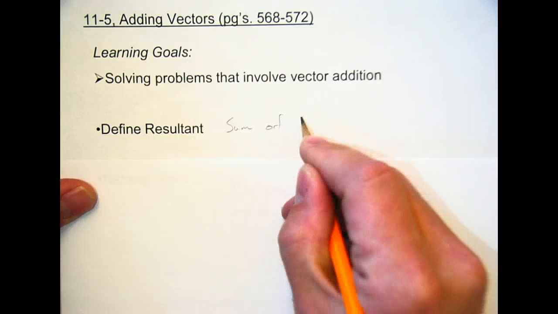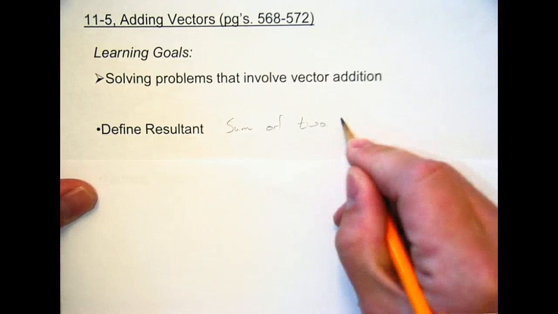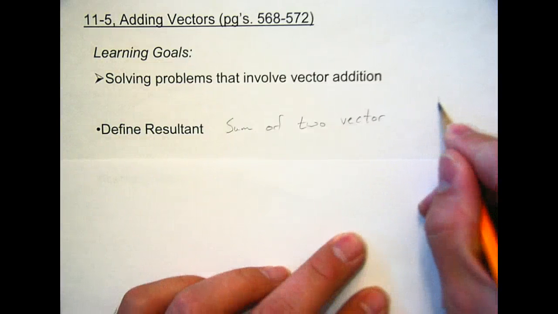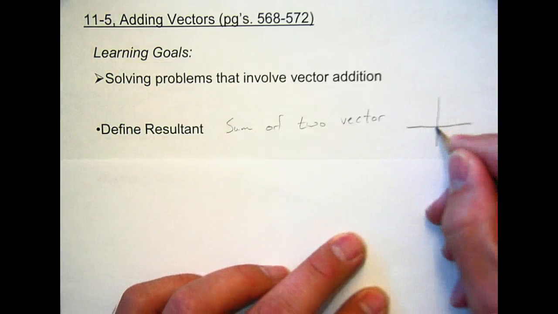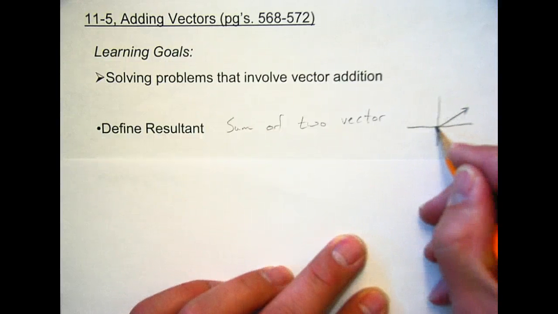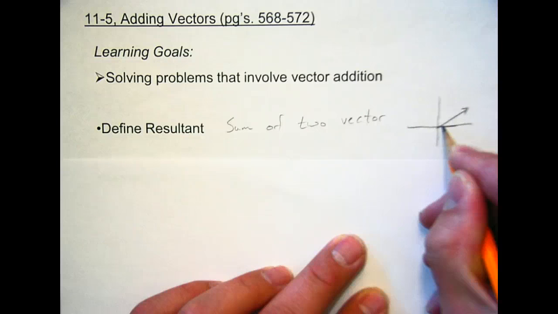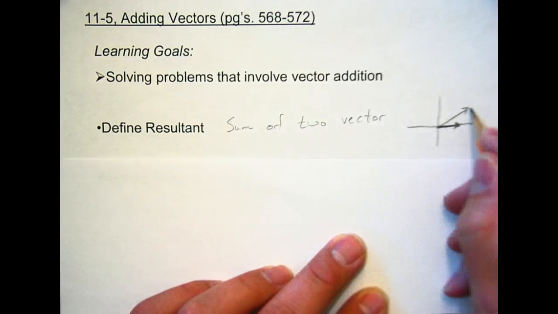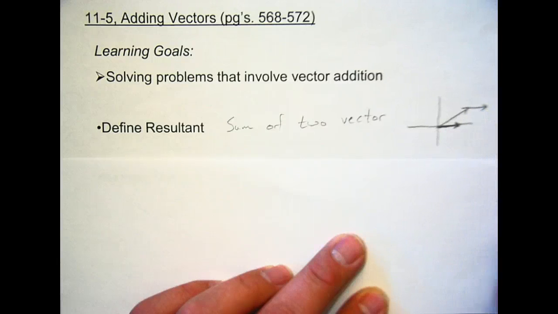So that means you need to actually know what a vector is. Remember, we have an xy axis. You have a vector, and then we have another vector, say like this vector here. If I move this one upward and attach it to the end there, the sum of those two vectors is the resultant.